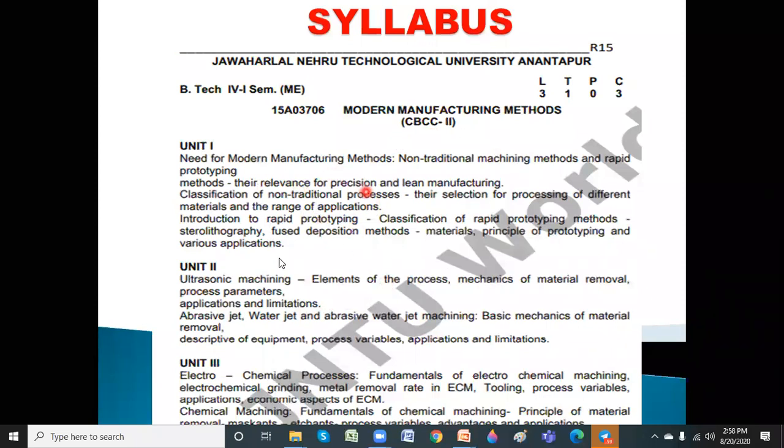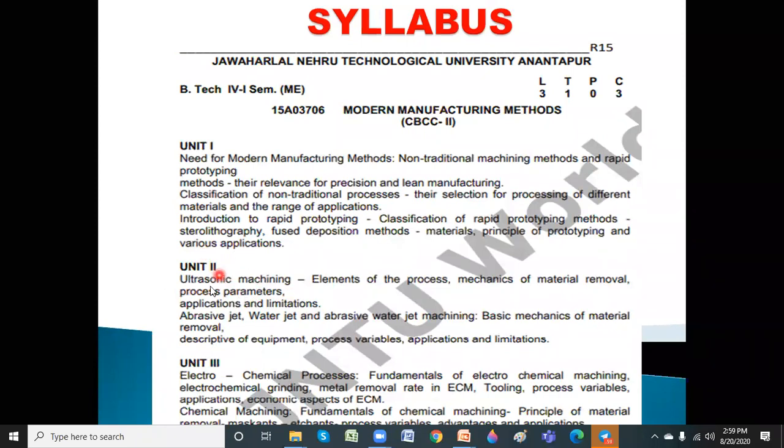Once you have the basic introduction in unit 1, we'll go into detail about the different non-traditional machining processes. To start with, we have ultrasonic machining: what are the basic elements you need for the process, the mechanics of metal removal, how the metal is removed using ultrasonic waves, and what parameters affect the machining process.